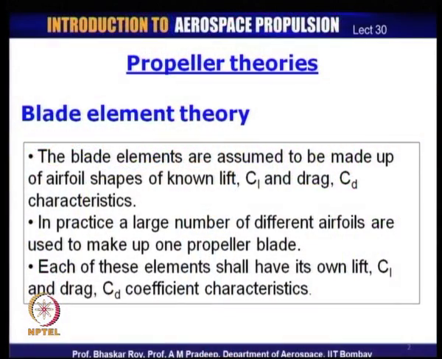So, a large number of different aerofoils are used to make up one propeller blade. Could be something like 10, 15, 20 different aerofoil sections with each having its own CL, CD and incidence range characteristics, and all of them will have to be blended together into one single blade shape.